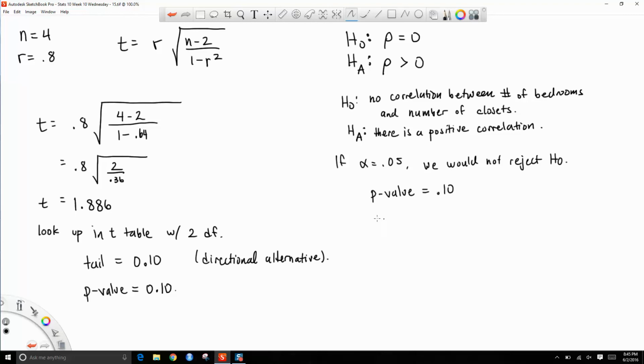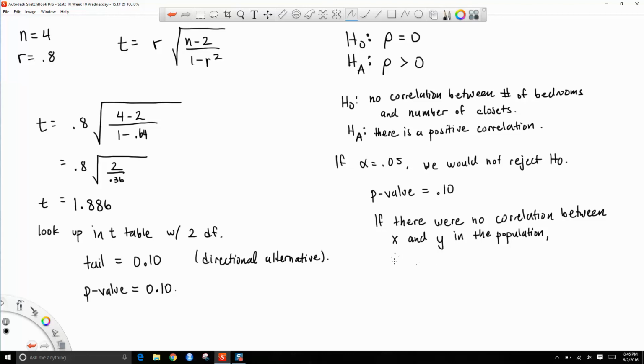So what this means is that if the null hypothesis were true, so if there were no correlation between X and Y in the population, then the probability that 4 randomly selected points produce a correlation of 0.8 or something more positive just from random chance is about 10%. This happens about 10% of the time.